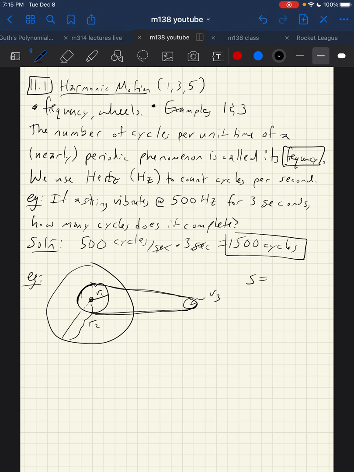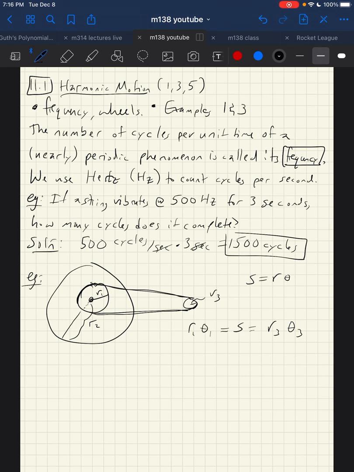So we have s equals r theta for the arc length of a circle, which means that if this gear rotates through some measure of rotation using theta, then we would have s equals, say, R3 theta 3. However much this third round thing rotates is going to be the same arc length that the first one rotates through, so R1 theta 1.